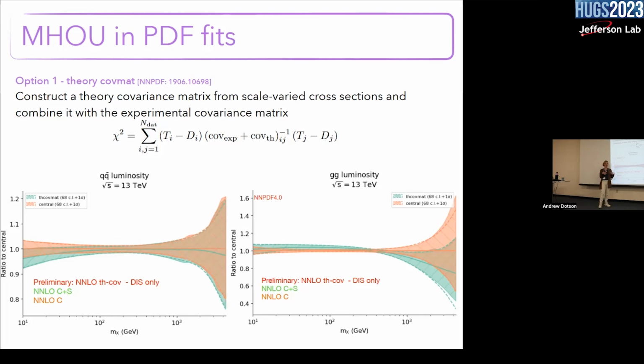So it is what we expect, more or less. We expect that uncertainties with experimental uncertainty only are underestimated. You add another component, they become larger, and they also rebalance the experiments. So the experiments that measure something that has a large theoretical uncertainty are de-weighted with respect to the ones that are known very precisely. Okay, so this is the idea.